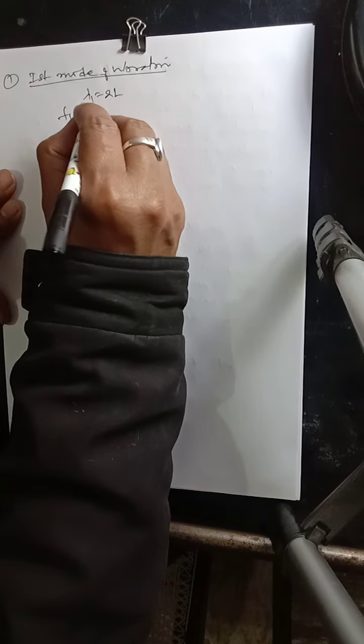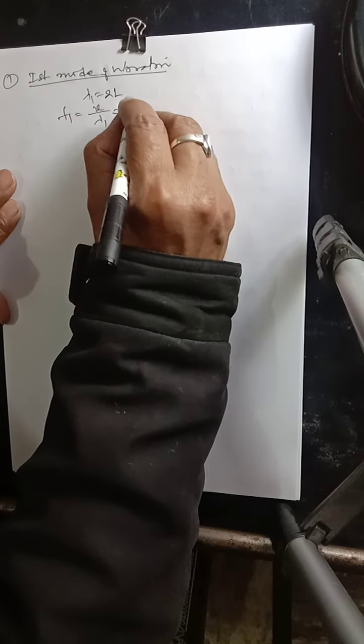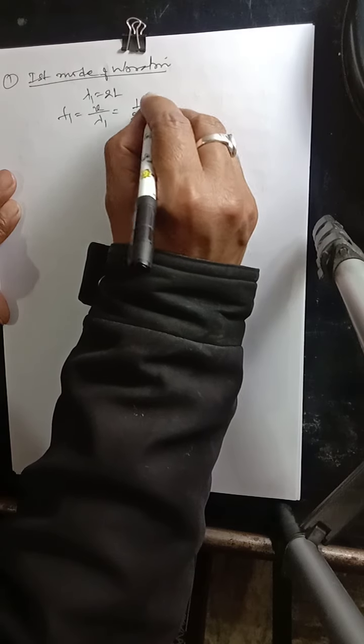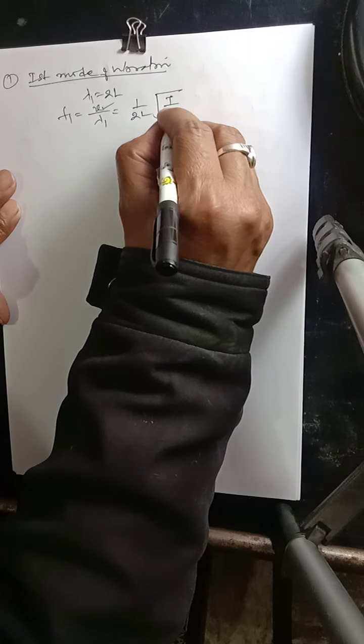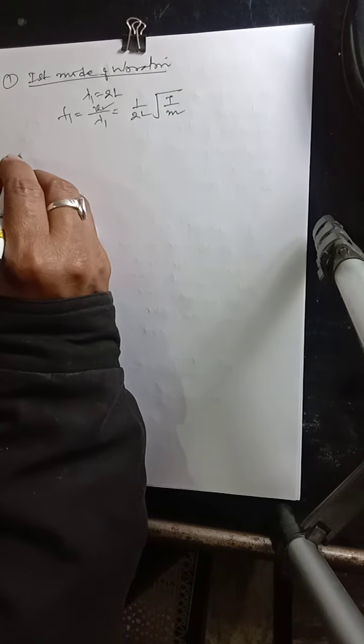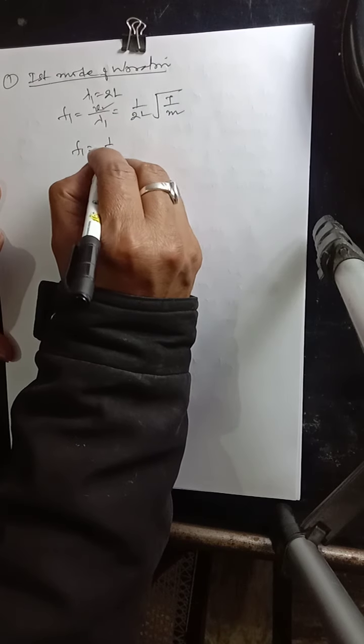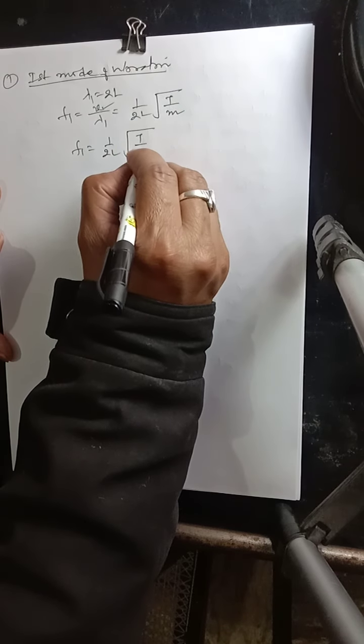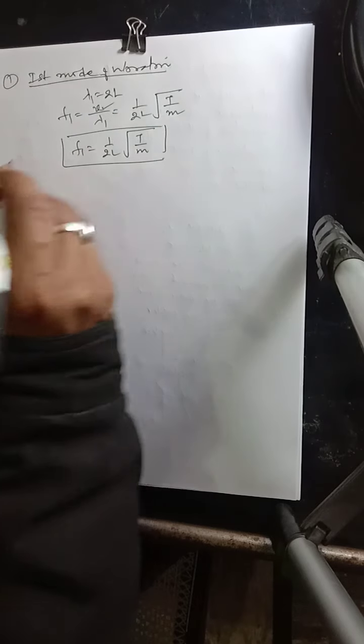So the frequency becomes v by lambda 1, that is 1 upon 2L, and v is under root of T by M. So F1 is equal to 1 upon 2L under root of T by M. In the same form, we find the further frequencies.